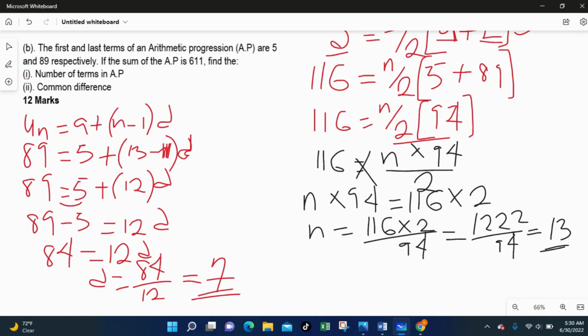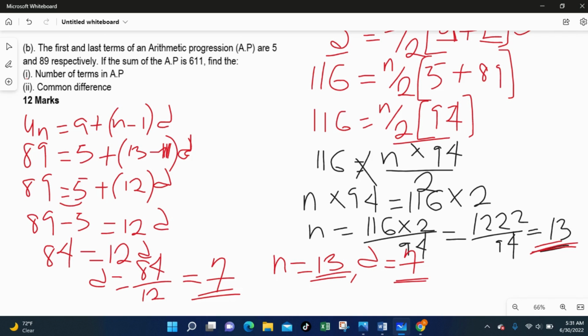So you see, our common difference is equal to 7 and our number of terms n is equal to 13. This is the solution to that question.